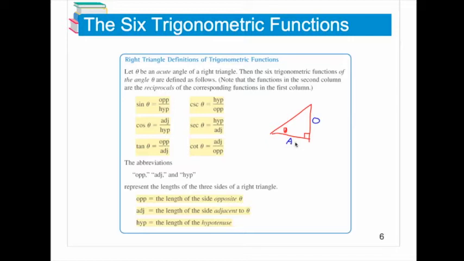This is an A because that is adjacent to theta, next to theta. And this is H because that's the hypotenuse. So the sine of this angle will be opposite over hypotenuse, O over H. The cosine will be adjacent over hypotenuse. The tangent will be opposite over adjacent.